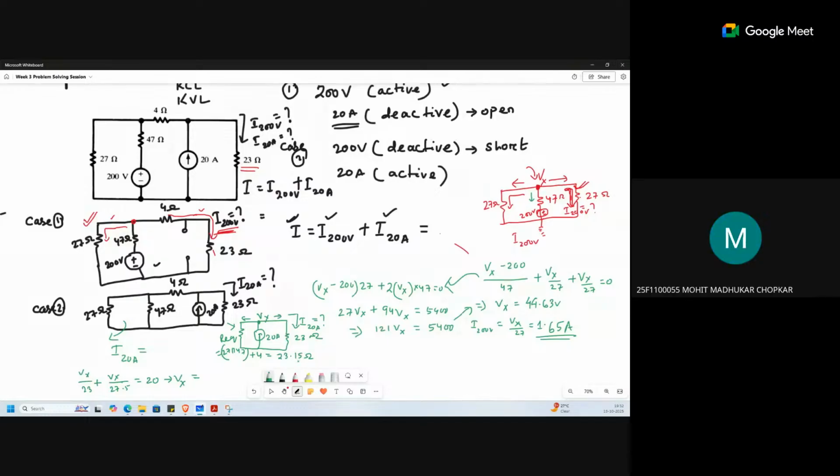Ma'am, I mean we had 23 ohm resistance on this side and also this side. Then we can divide current equally to both resistors. Then you can say 10 ampere, 10 ampere. Yes, that I mean. But I'm saying calculate in this way, how much you are getting.